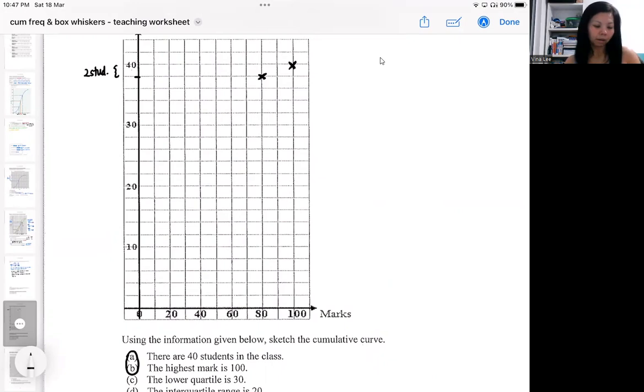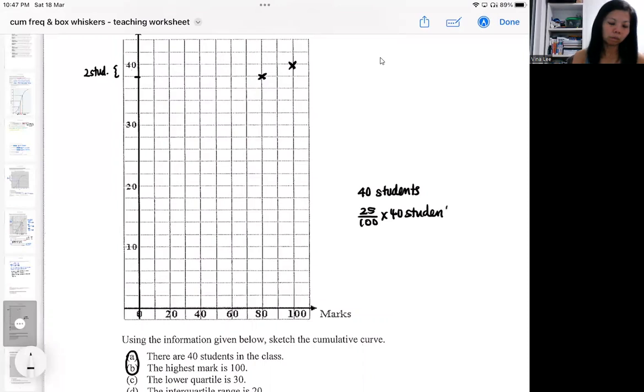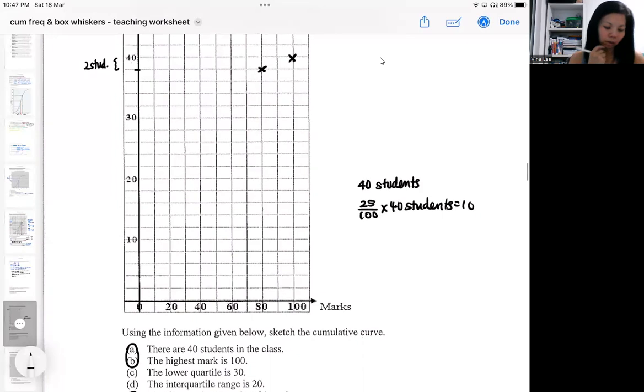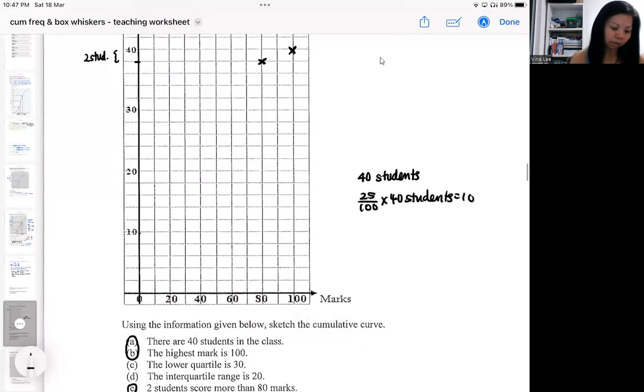And then the lower quartile is 30. So how do we get the lower quartile? We got 40 students, so the lower quartile will come from the 25%. That will be 10 students. So from the 10 students, I got a lower quartile of 30. So 30 is here.